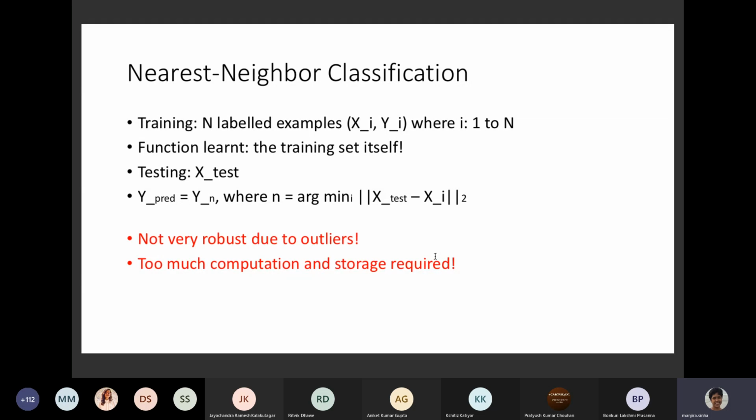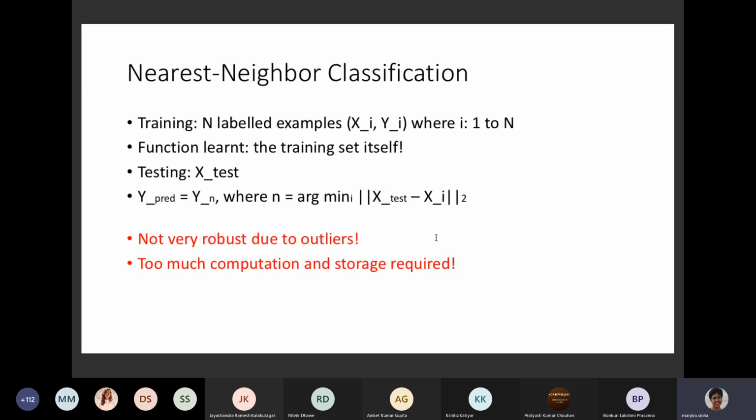And it requires a lot of computation, because for each training example, the distance with the test data point needs to be calculated, and also they need to be stored and they need to be sorted. So there is computation for distance calculation and computation for this sorting.